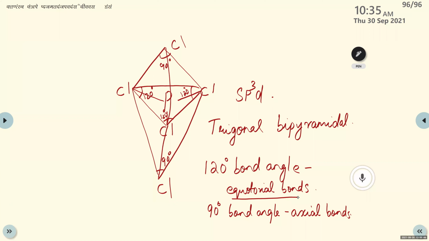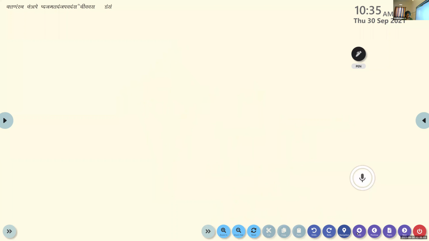Okay. Then we are moving to the next one, that is the formation of SF6 molecule. Here the hybridization is sp3d2.